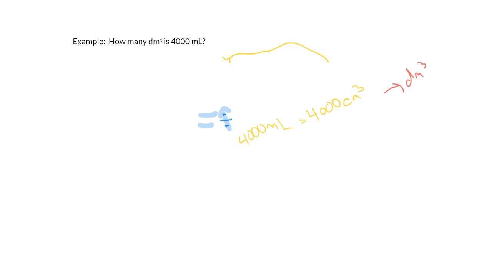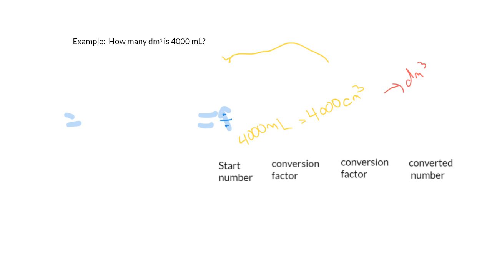So I will bring in my conversion equation and adjust it as needed. You'll notice that deci and centi are both on the bottom side of the base. They're both on the same side. Because they're both on the same side, I have to do a division. That will give me the correct conversion factor.